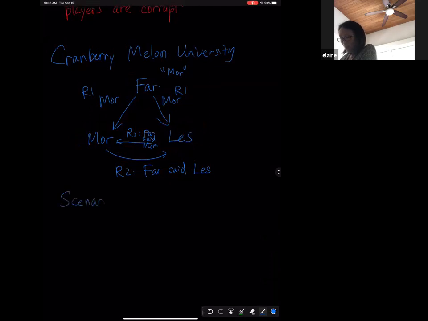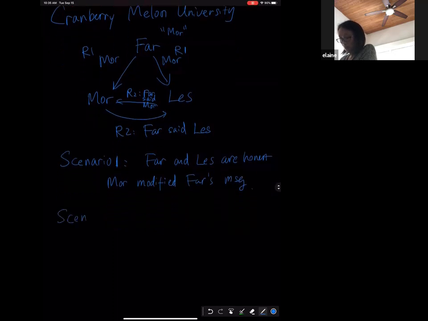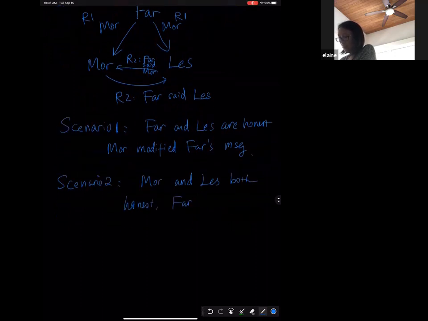So what are the two scenarios? Scenario 1 is when Farr and Less are honest, and Moore modified Farr's message during the relay. In scenario 2, Moore and Less are both honest, and Farr proposed inconsistent suggestions to Moore and Less.